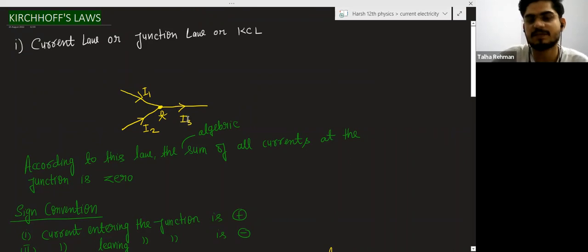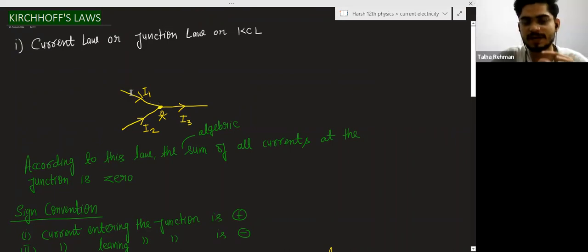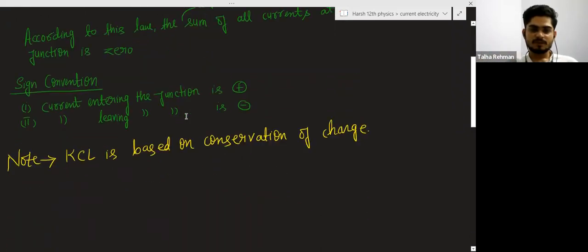You can think like this: some water is coming through this pipe, suppose wire as a pipe, and current or charge as water. Some water is coming from here and some water is coming from here, so you will get the addition of the two equal to this. So this is the conservation of charge. Okay, so just note it down.